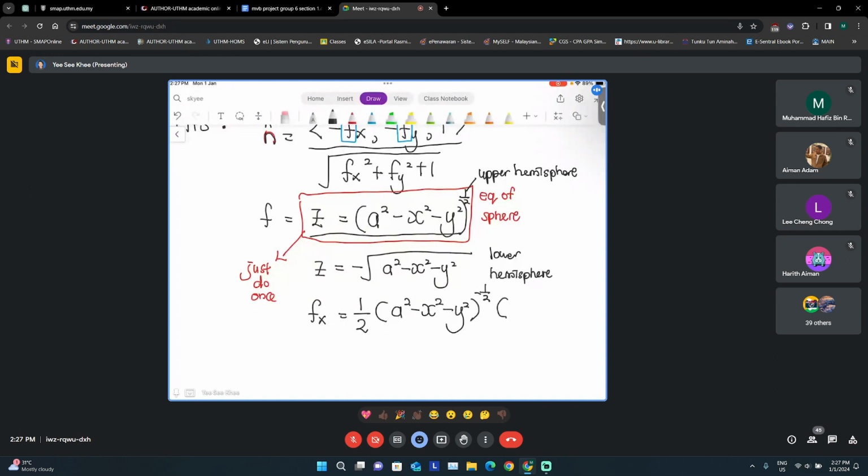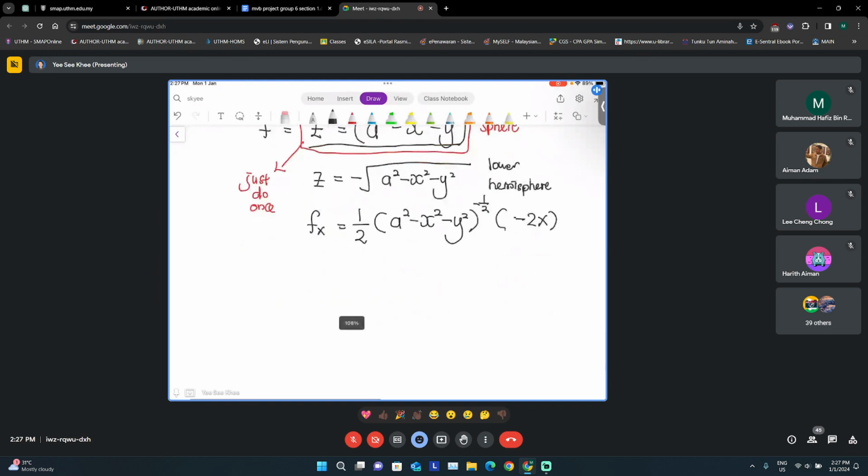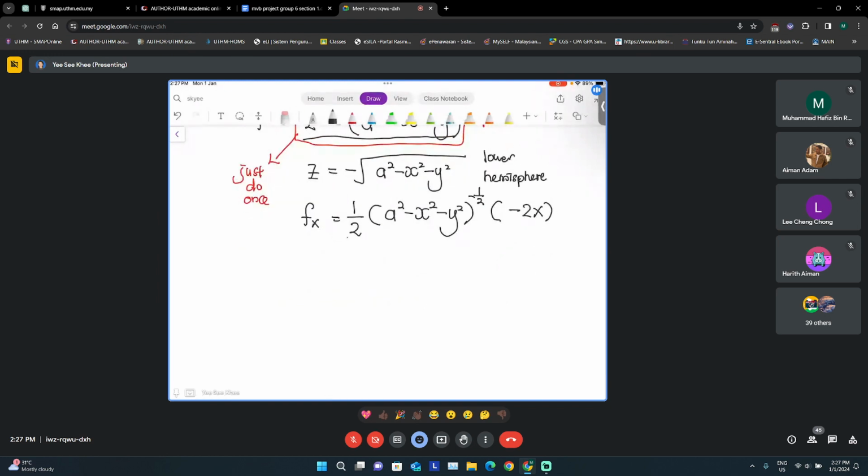Next we focus on the expression in the bracket. We differentiate with respect to x, so we get negative 2x. Make sure you know how to perform a differentiation. Very, very important, otherwise you cannot continue. So this is your fx, with x over the square root of a squared minus x squared minus y squared.